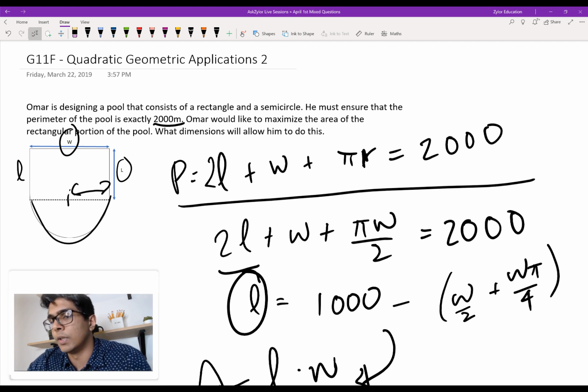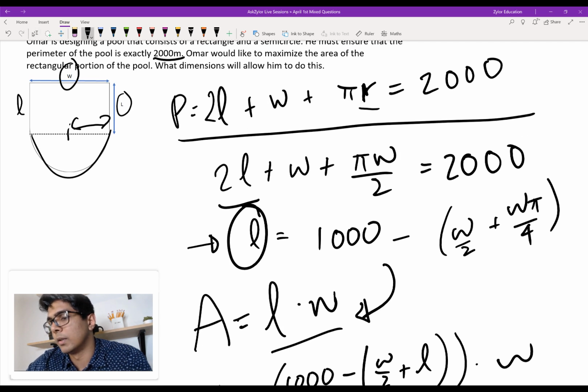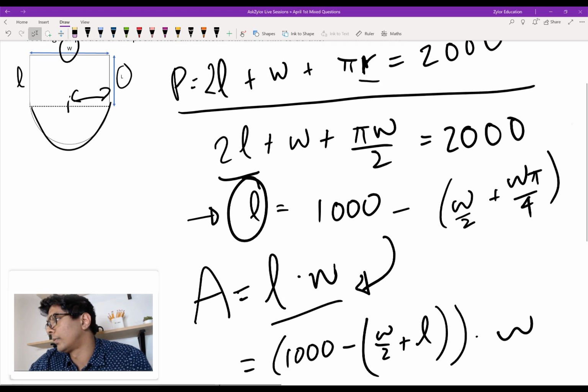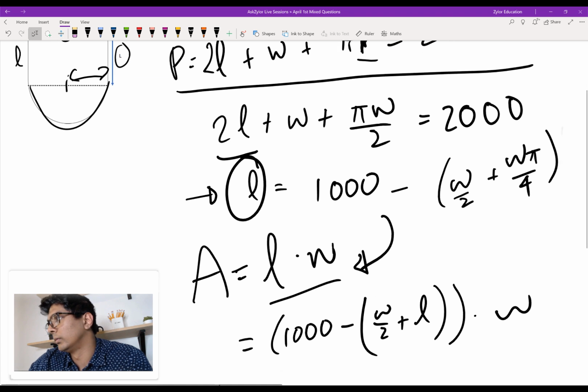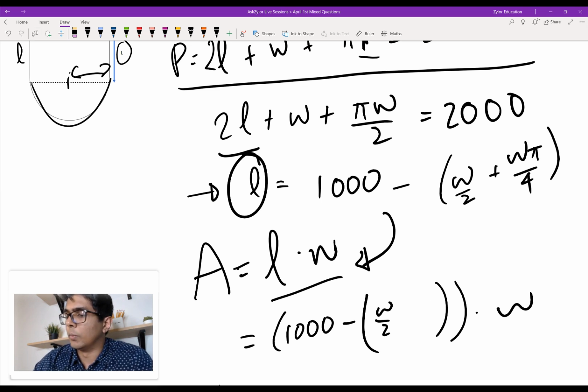I was given a perimeter, so I came up with an equation for my perimeter in terms of my length and width, and I converted my radius into a width as well, and then I was isolating for my length. Right. And then I'm going to plug everything into this equation.